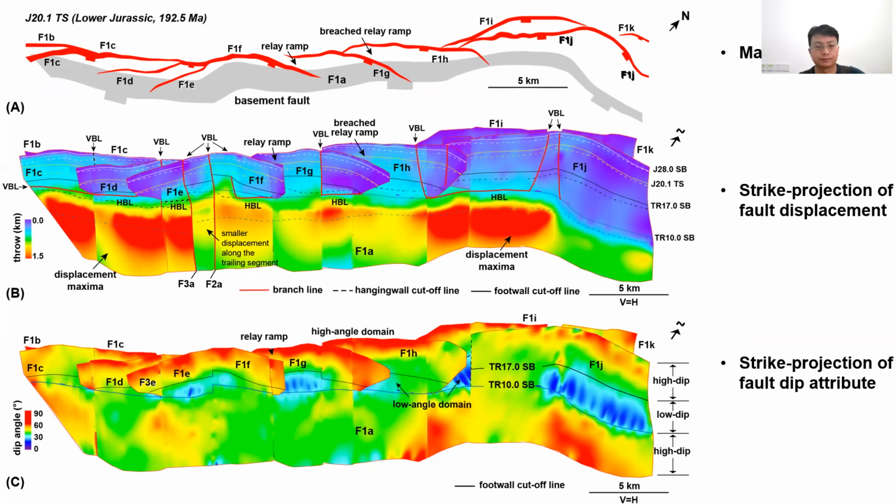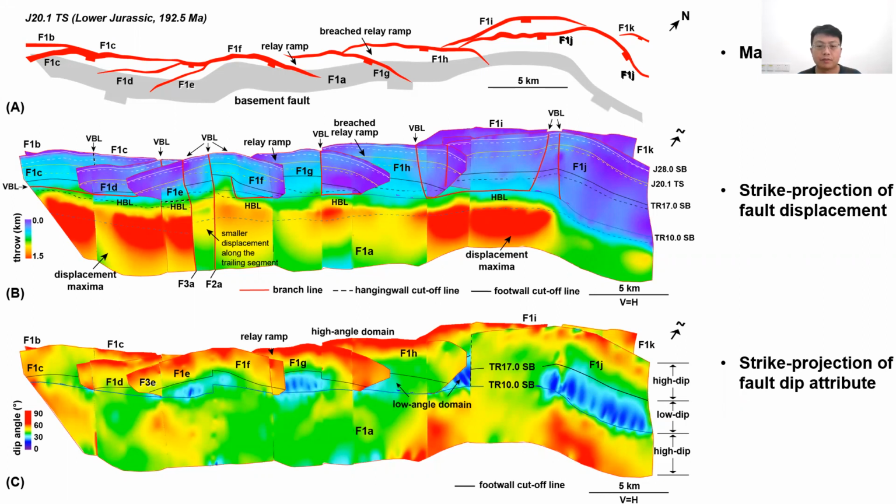We can see that the displacement maxima is located below the Triassic, indicating that these faults were initially developed before the Triassic, but they were vertically linked with complex fault segmentation in the upper successions.